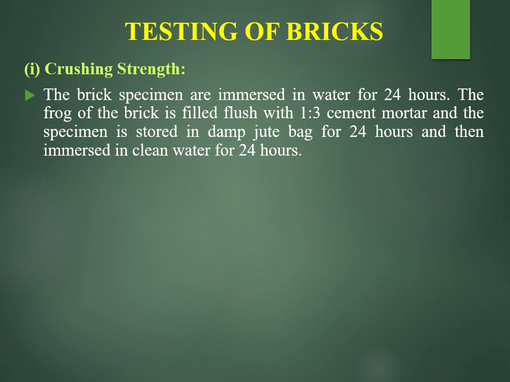Generally we do not place the brick with the frog directly into the compressive testing machine. Why? Because the loading may not be uniform. Hence, for uniform load distribution, fill the frog of the brick with cement mortar.